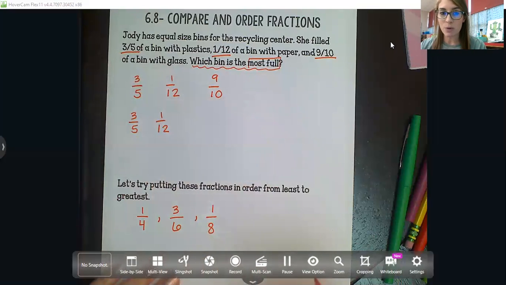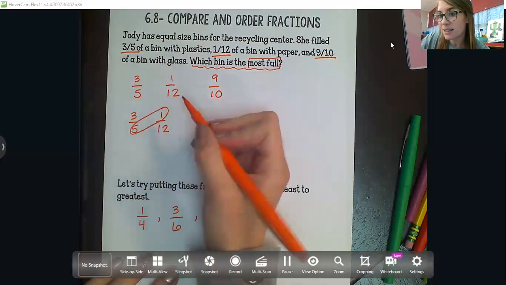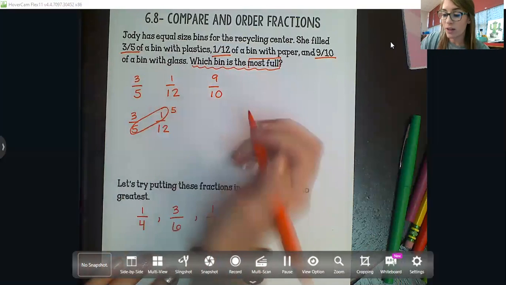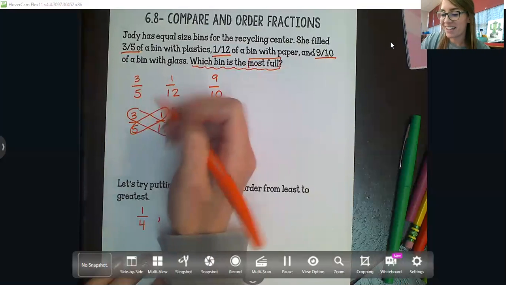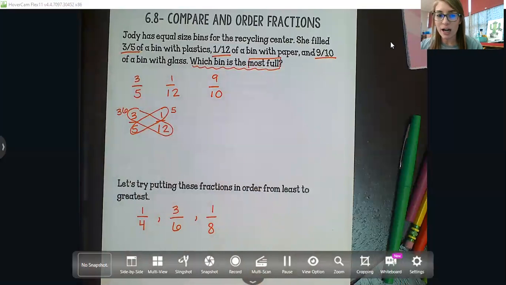So when we compare, what do we use? Good, we're going to use the butterfly method. So 5 times 1 is 5, very good. And 3 times 12 is? Good, it is 36. Okay, so which of those fractions is larger, 3/5 or 1/12?